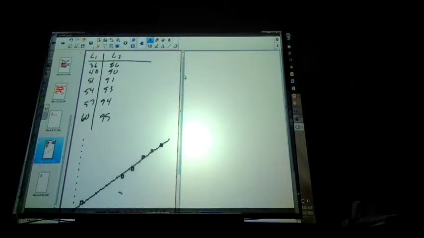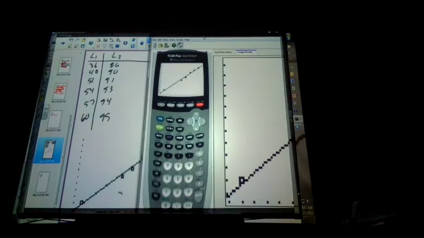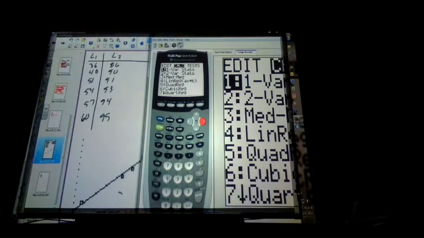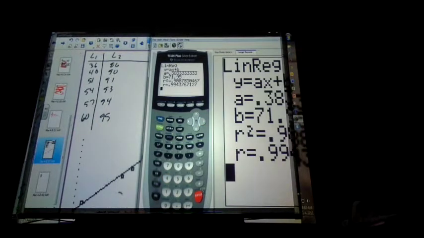All right. So now I want to do this as well. Okay. Square and drag.